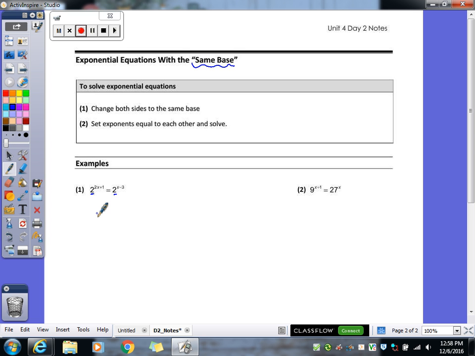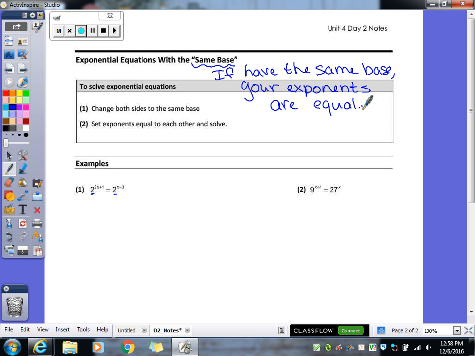So there's this theorem we have that states if you have the same base, your exponents are equal. So some mathematician many, many years ago figured this out, that when the bases are the same, your exponents are equal. No matter what the exponents are, they're going to be equal to each other.